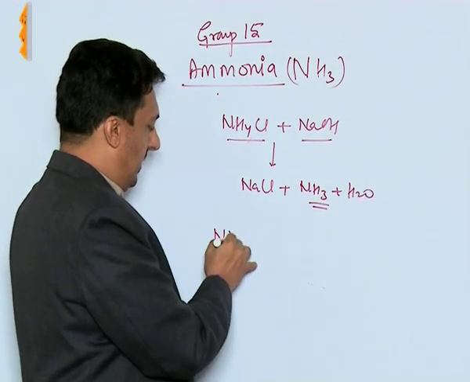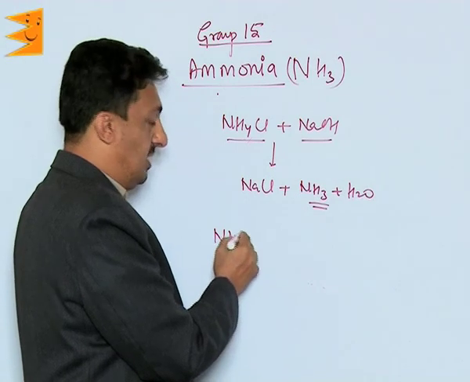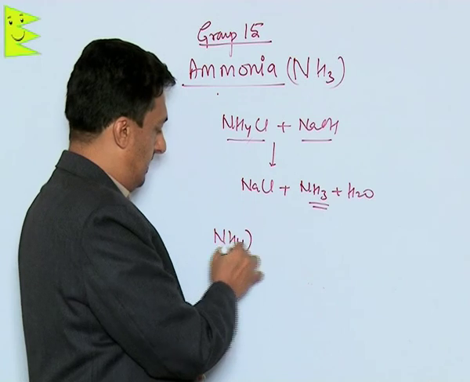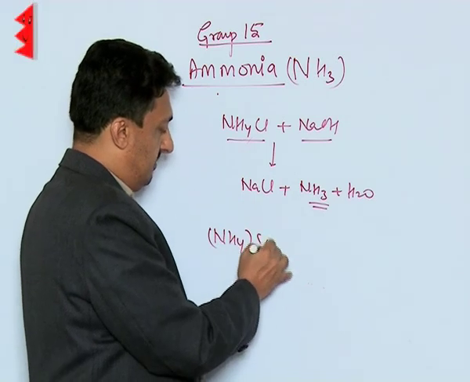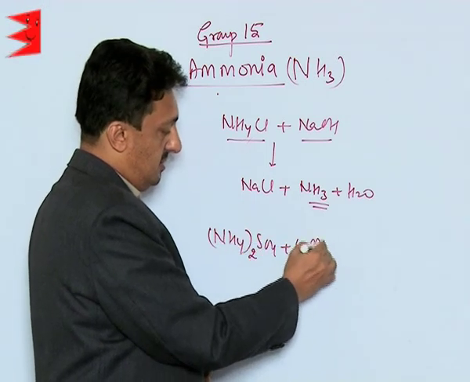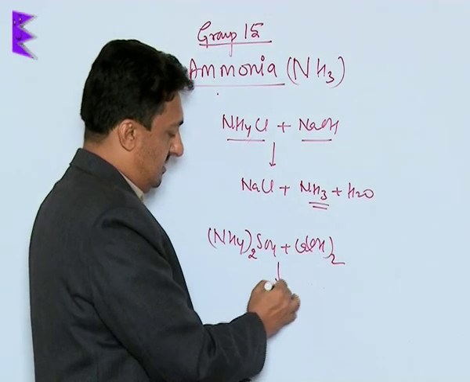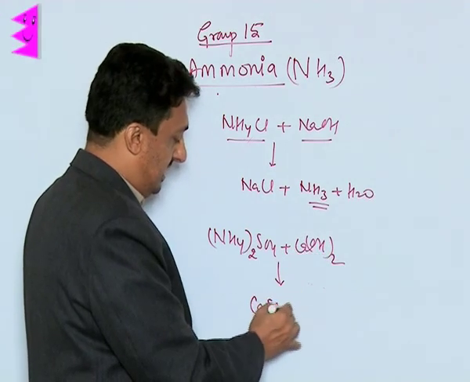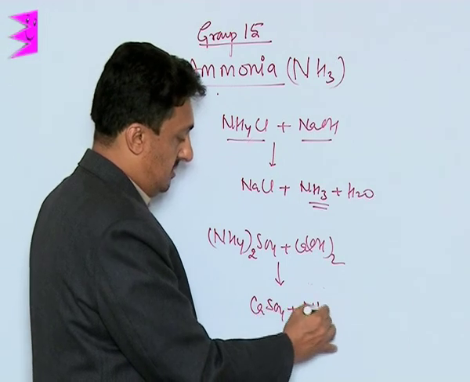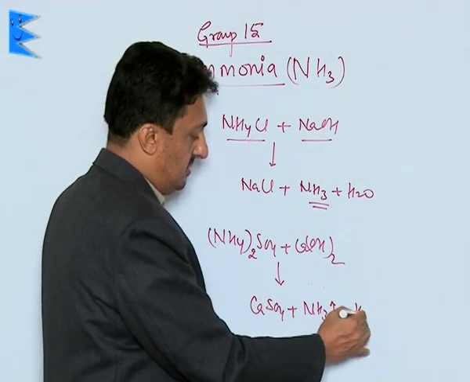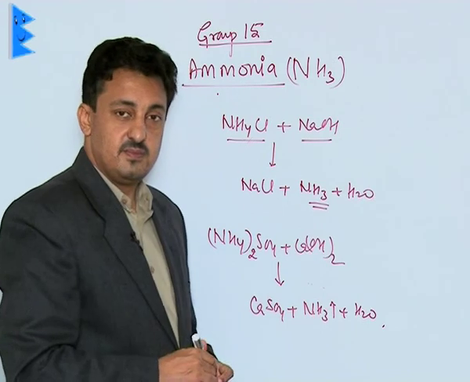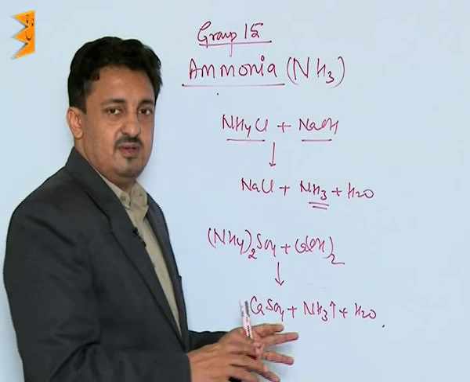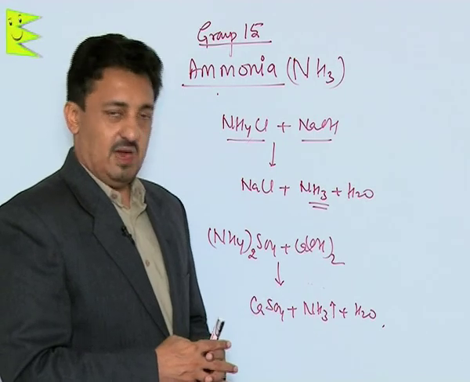In a very similar way, ammonium sulfate reacted with calcium hydroxide gives calcium sulfate, ammonia and water. So these are its usual preparation methods in the lab, and in industry it is prepared by Haber's process.